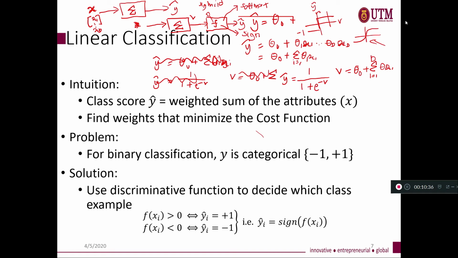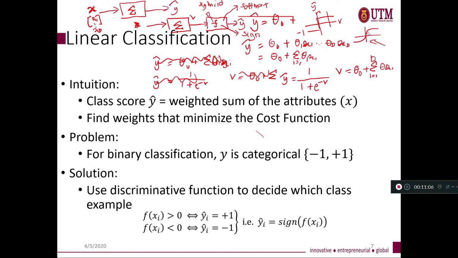But for the sigmoid function, you have a transition where some values are close to positive one, and some values are close to negative one. That transition will later tell you how strongly a point is close to class A, and how strongly a point is close to group B, for example.